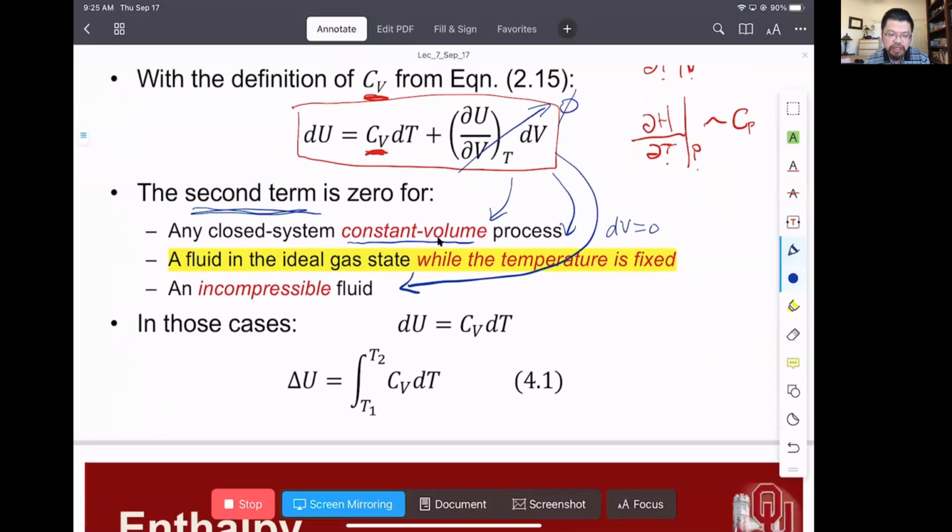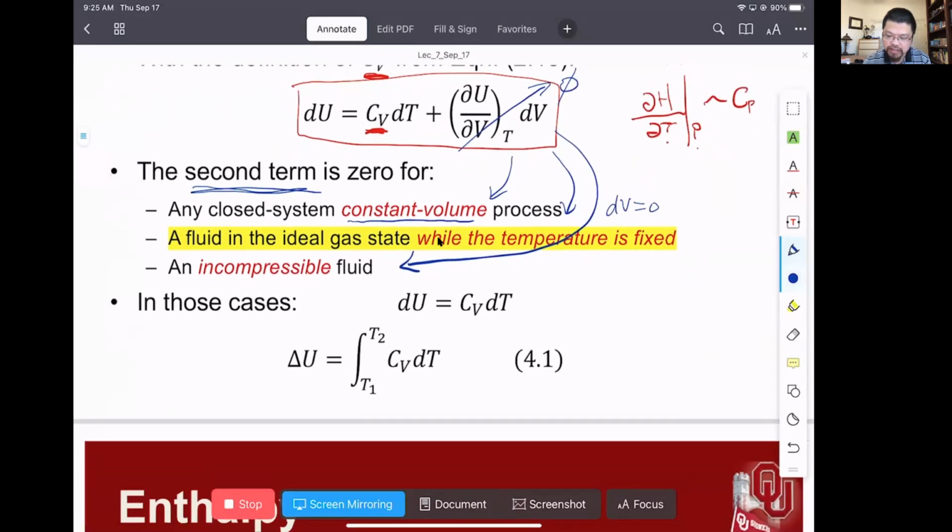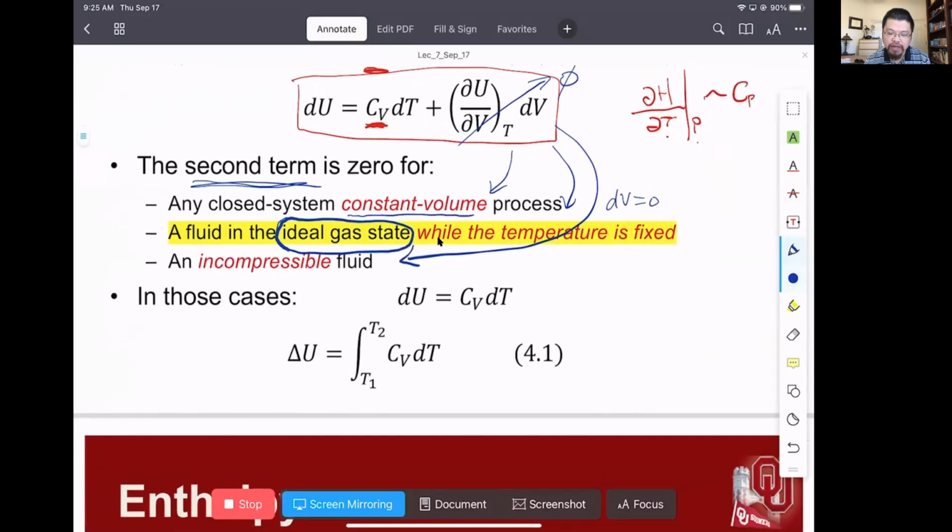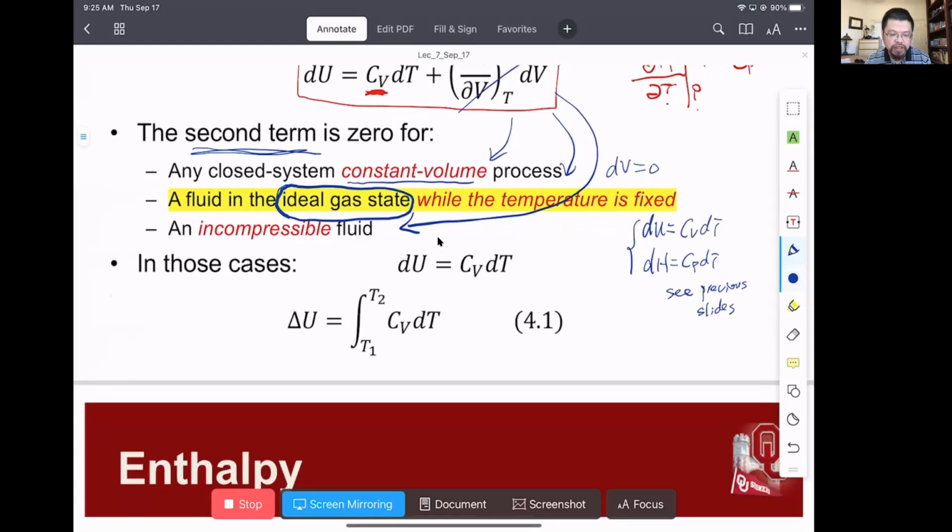For the second case, we have the ideal gas. If we have the ideal gas condition, then the energy du will be simply Cv dT, dH would be Cp dT, as we discussed in previous slides. So the second term does not contribute anything to the system.